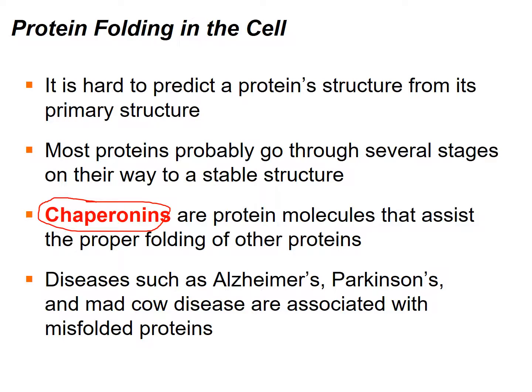The lack of these chaperonins is what we think leads to Alzheimer's, Parkinson's, mad cow disease. A hallmark of these three diseases is the fact that the neurons in the brain start to accumulate misfolded proteins. Can't fix them, can't get rid of them.